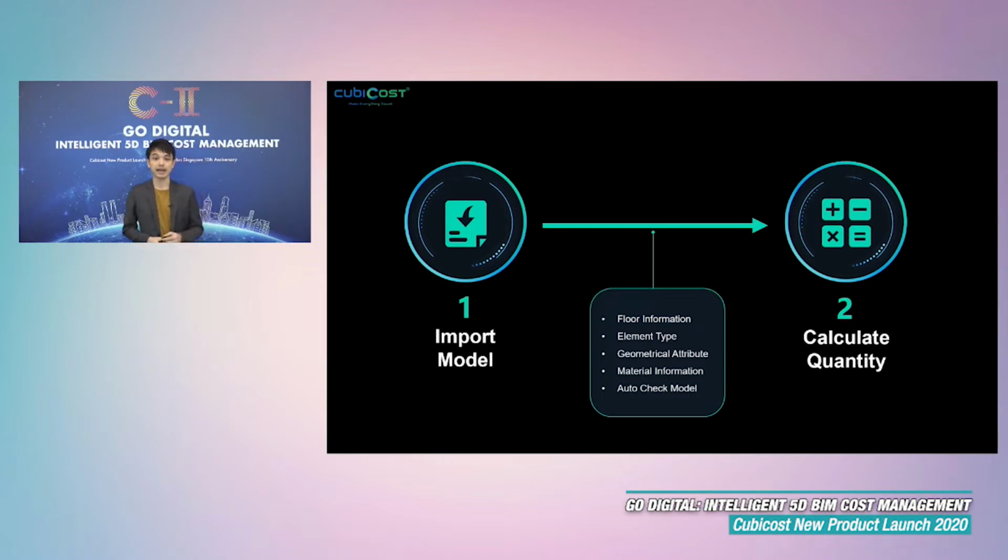To support the identification and the merging of floors from multiple files, we provide a feature to auto-process the floor structures, supporting intelligent matching of element type, geometrical attributes, and material information. Meanwhile, using the auto-check for models feature, we are also able to provide design advice to the upstream party.